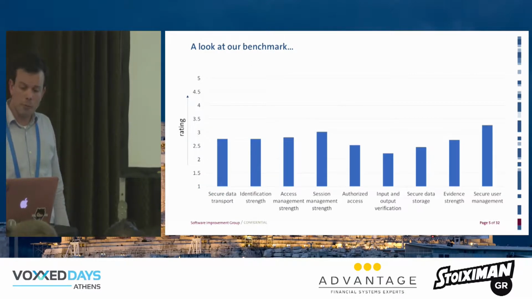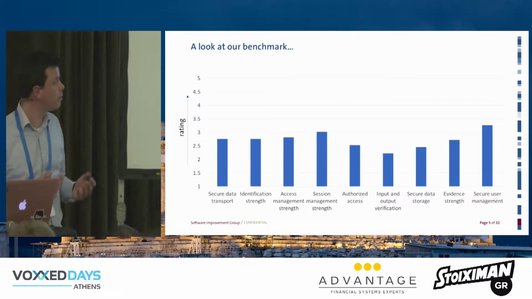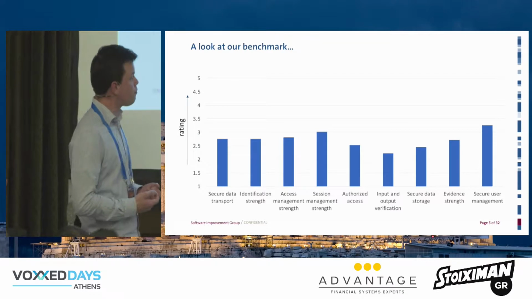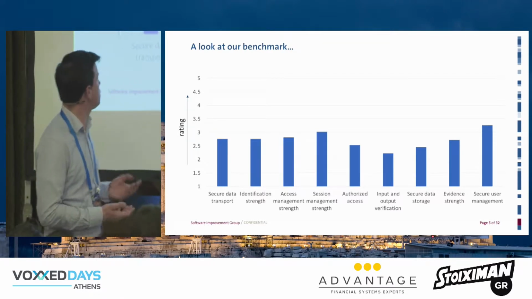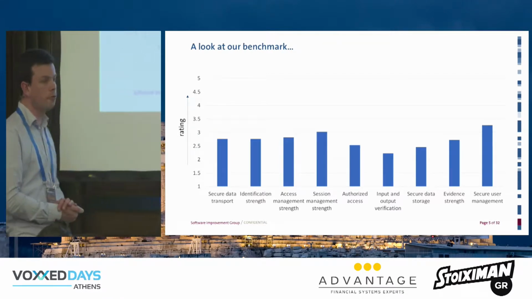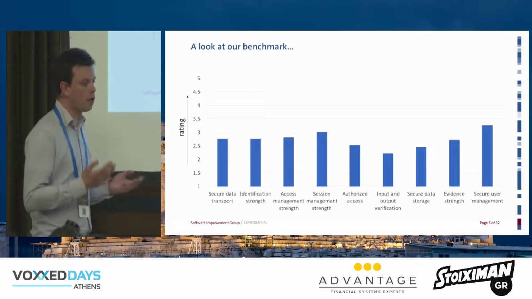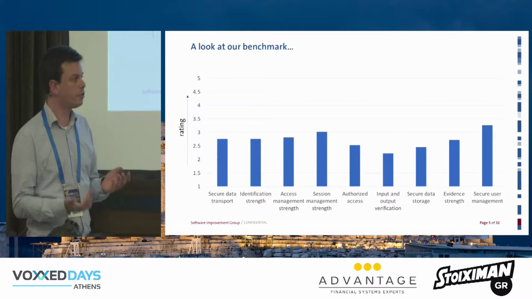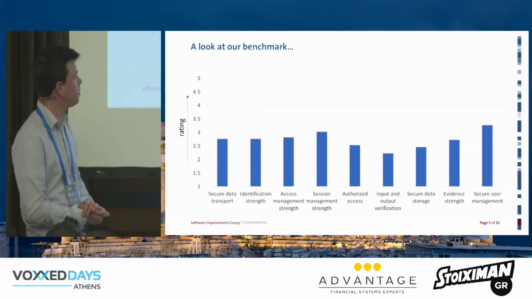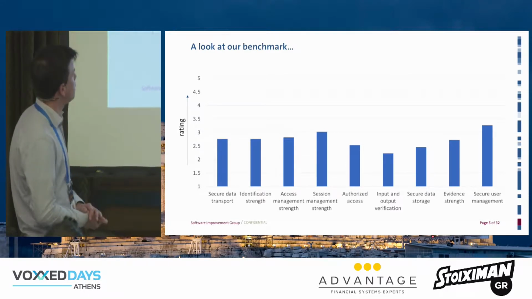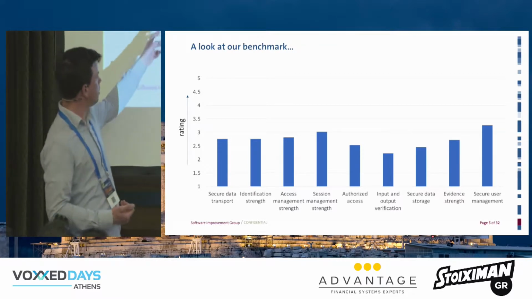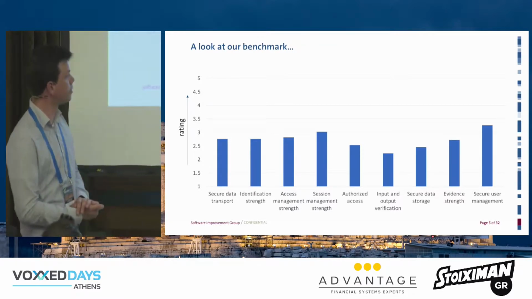So over the past couple of years, we evaluated a number of software systems, and this is an overview of our benchmark. I collected all the evaluation data of all the systems we have analyzed in the past, and these are the average ratings for the different system properties.